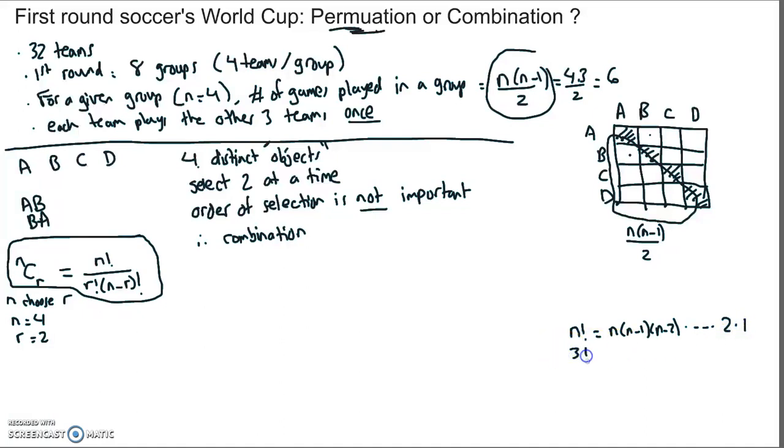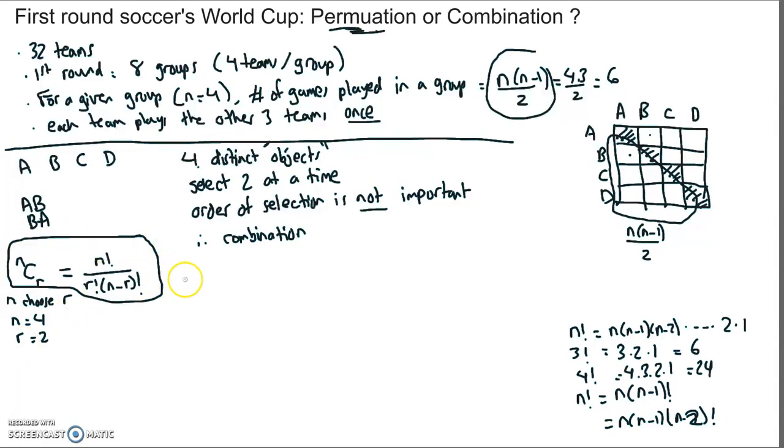So for example, factorial of 3 equals 3 times 2 times 1, that equals 6. Factorial of 4 equals 4 times 3 times 2 times 1, that equals 24. And we can write factorial n as n times factorial of the next lowest number, factorial n minus 1, or n times n minus 1 times factorial n minus 2, and so on and so forth.